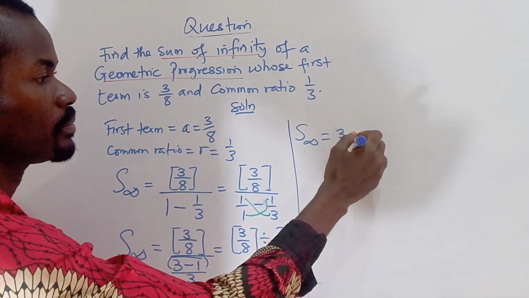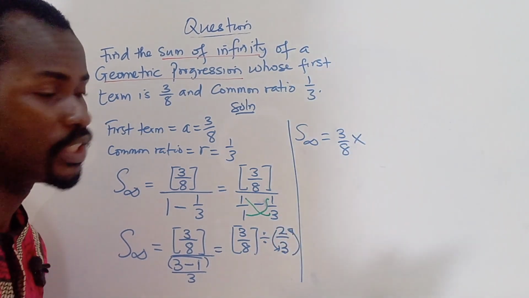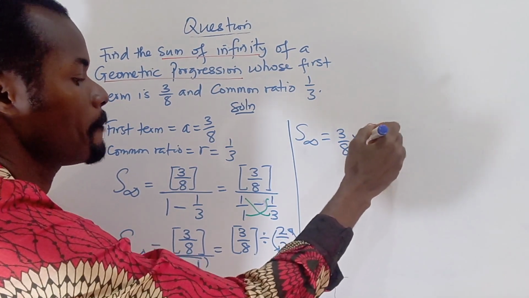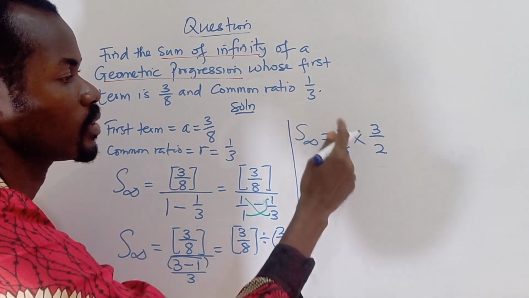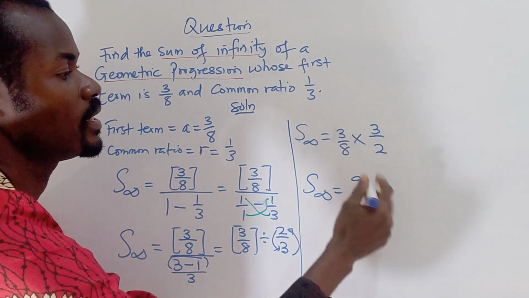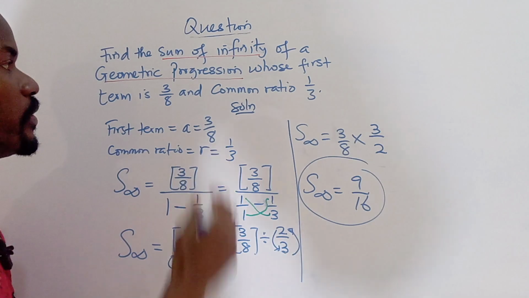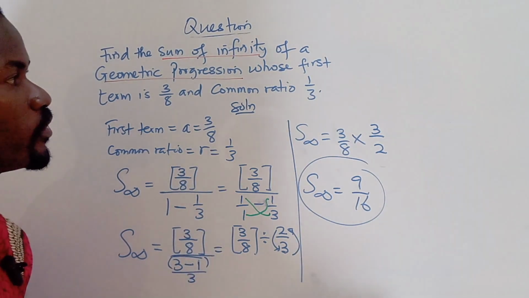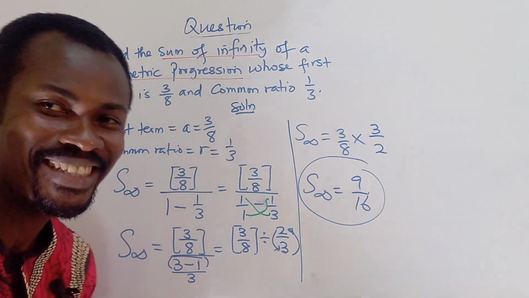This will change to times, and I'm going to rotate this by the rule of division, so 3 goes up and 2 comes down. If we multiply that, we get 3 times 3, which is 9, and 8 times 2 is 16. So the sum of infinity of this geometric progression, where the first term is this and the common ratio is this, is 9 over 16.